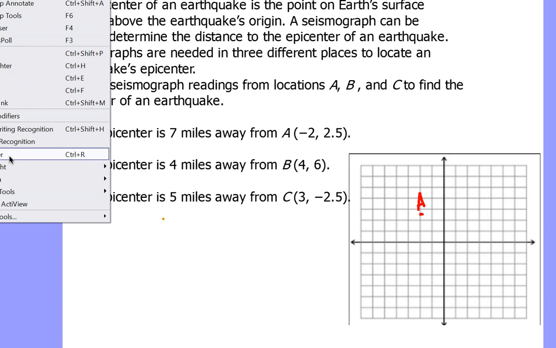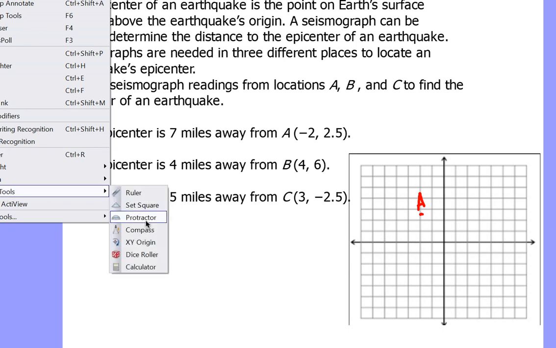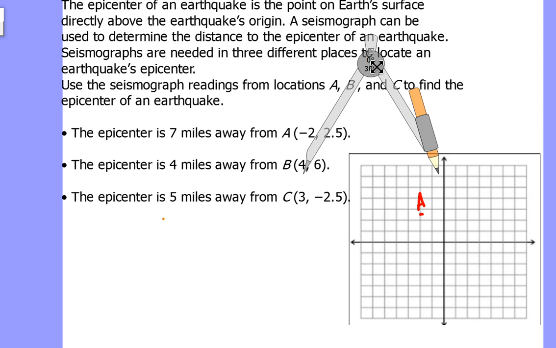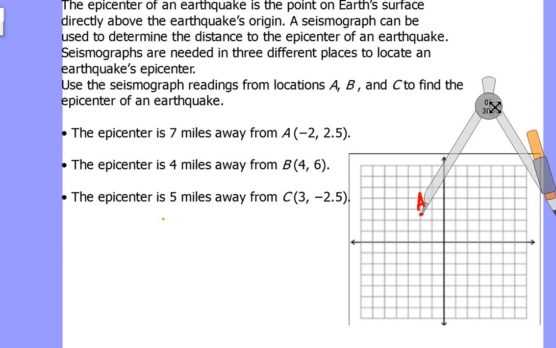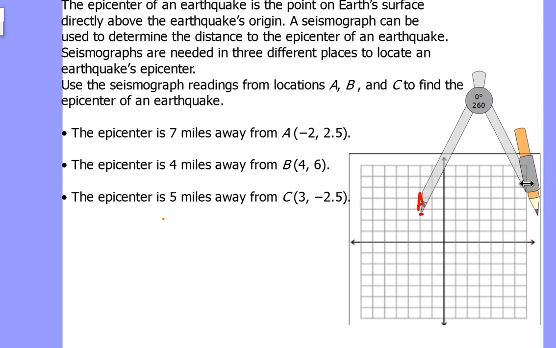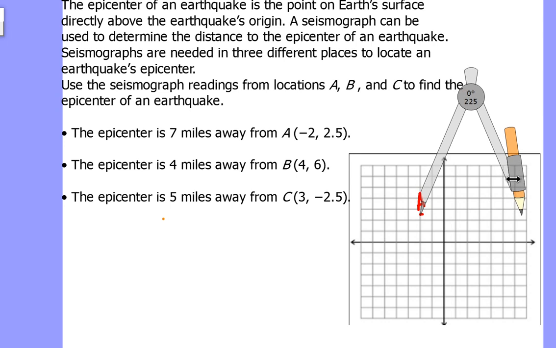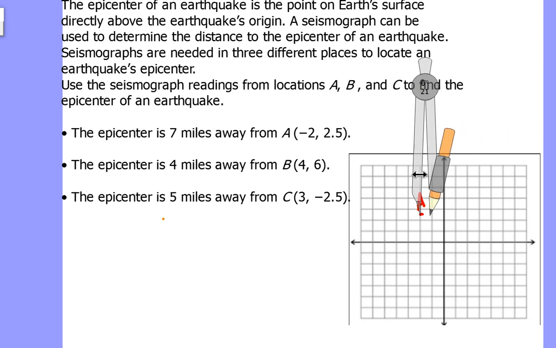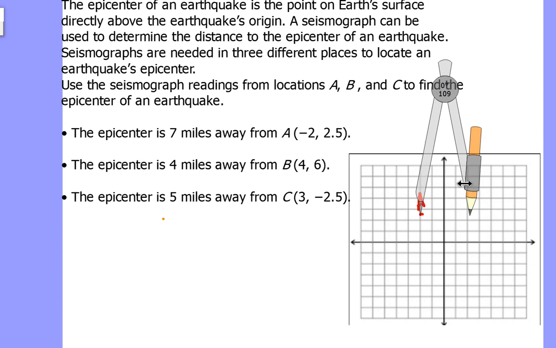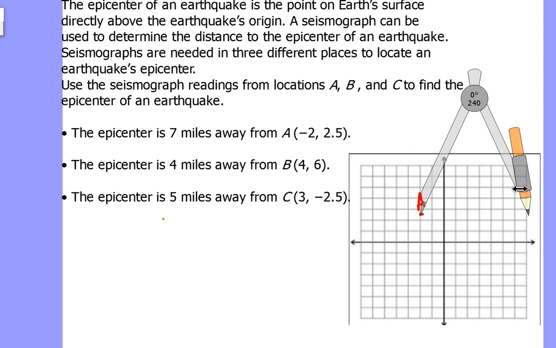So I'm going to bring out a compass and create a circle with a radius of 7. If here's my center, I felt it 7 miles out, so I want to find out what this radius would look like.